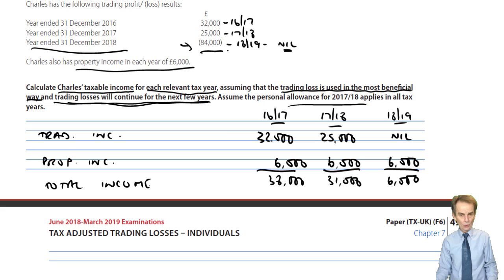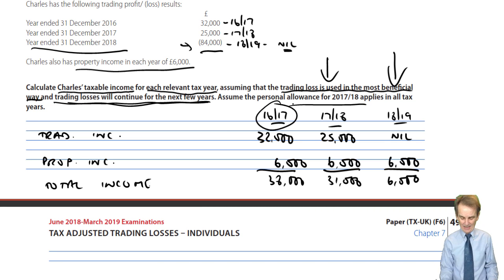So which are the two years in question? There is your current tax year, 18-19, and there is your preceding tax year, 17-18. So 16-17 here, we can't touch. The only reliefs that we can claim that we have seen here are against total income of the current year, that is £6,000, and or the preceding year, 31,000.